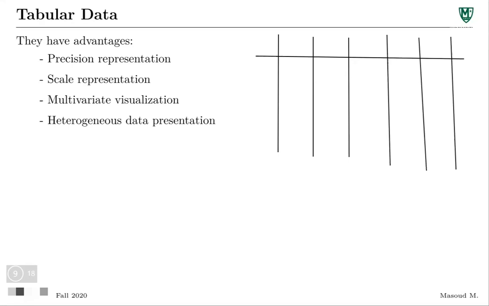Again, in terms of engineering, this can be a stress, this can be a strain, this can be von Mises stress, this can be deformation, it can go on and on for one specific point on your, let's say, finite element result structure. Sorry, the result of your finite element analysis. So there is almost no limit to how many features you can represent for any given data point. So it provides you with a multivariate visualization.